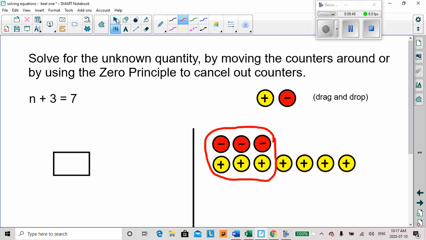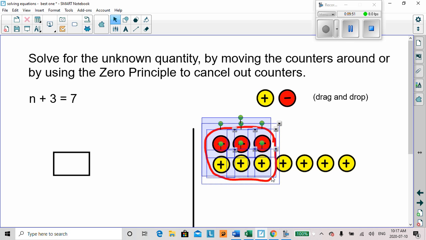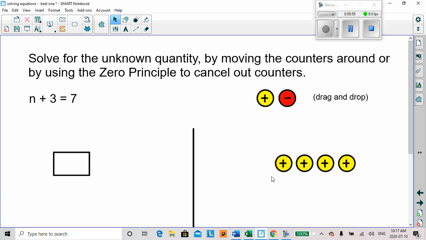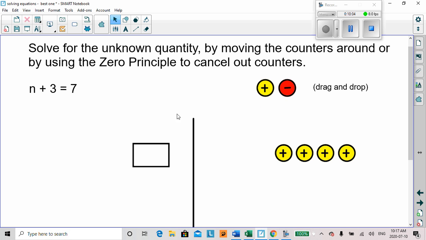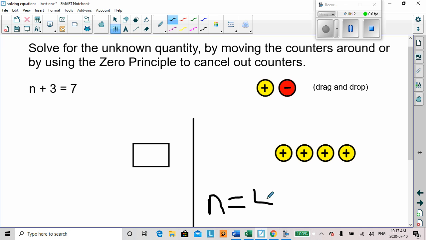So I can delete those guys. And I'm left with the box equals 4. So that means that my answer to this question is n equals 4.